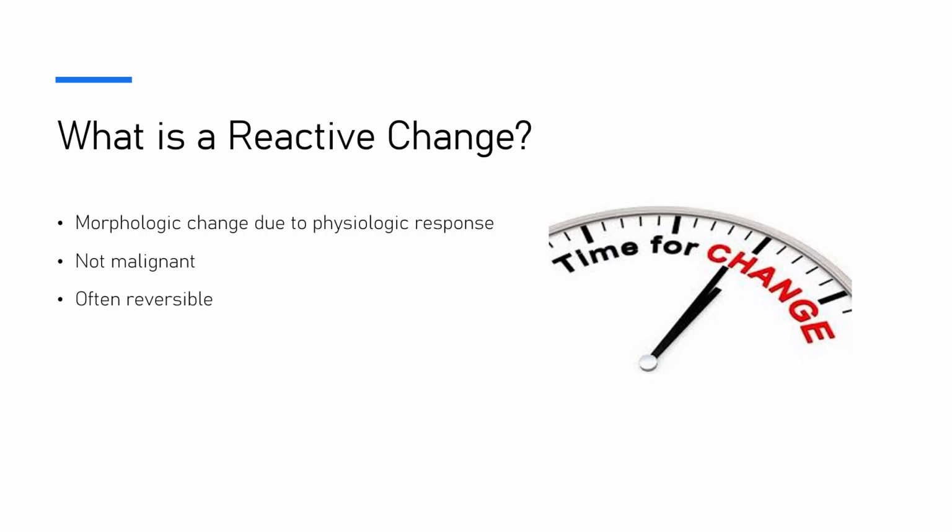From a laboratory standpoint, recognizing reactive changes helps prevent overinterpretation of normal immune responses as pathologic disease. So while the cells may look different than what you see in textbooks, the key question is always, does this change reflect physiology or does it suggest pathology? That distinction is one of the core skills of hematology.